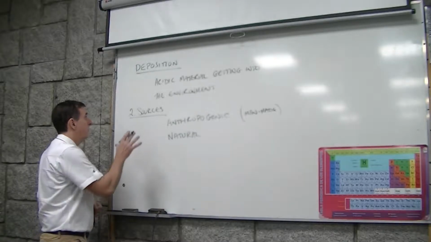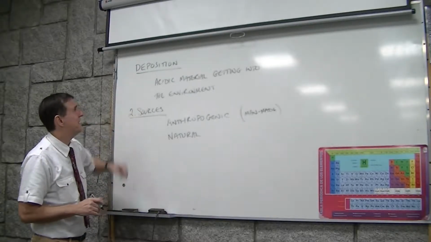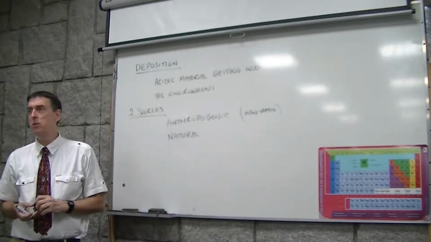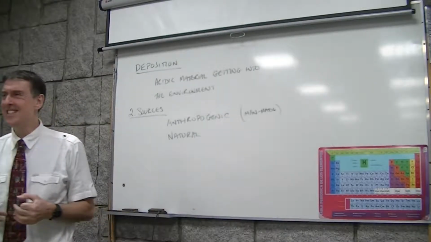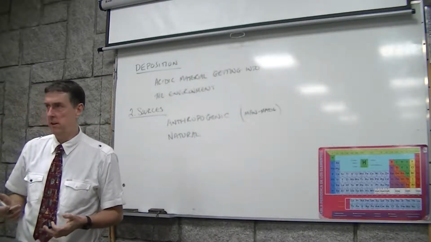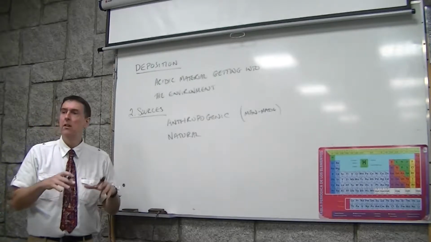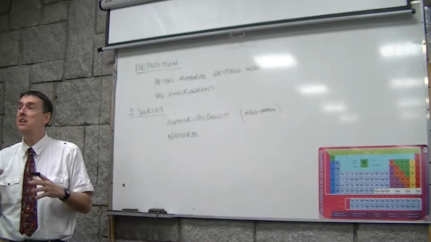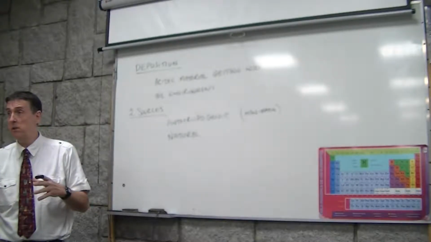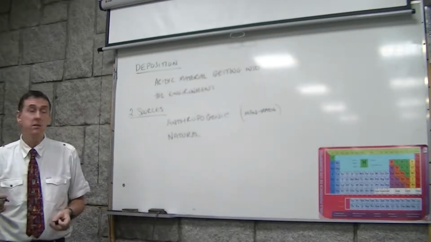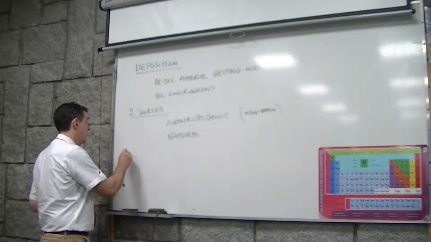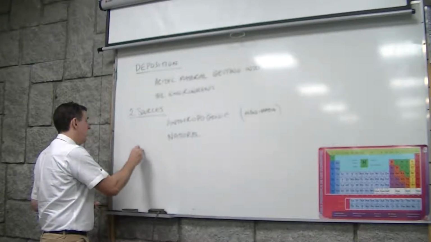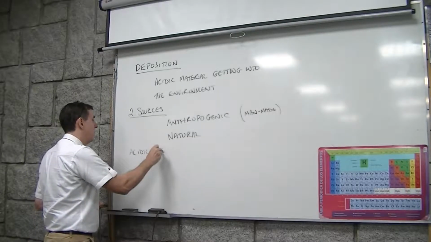Now let's look at what we mean by the acidic material. What acidic materials have we got? We're fundamentally talking about acidic gases. The acidic gases are released in some way, and those acidic gases interact with water in the environment, and they produce acids. So what acidic gases do we know about?